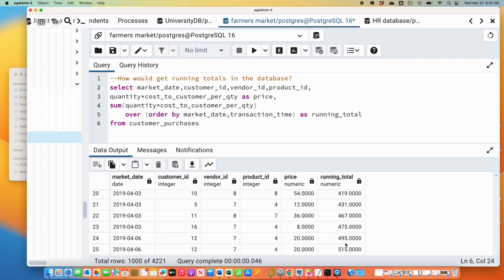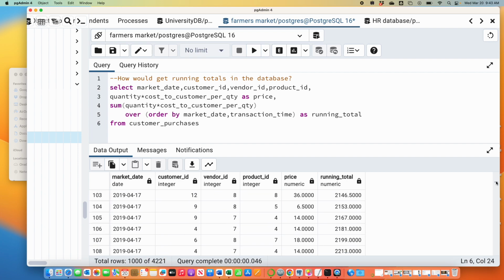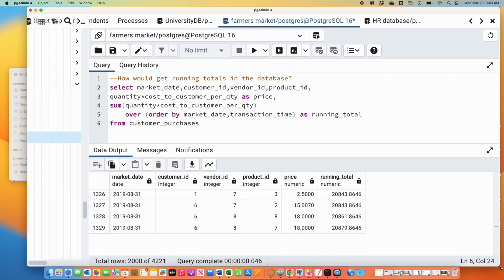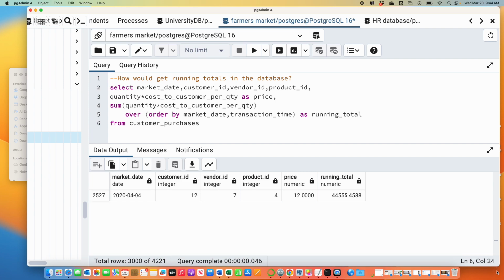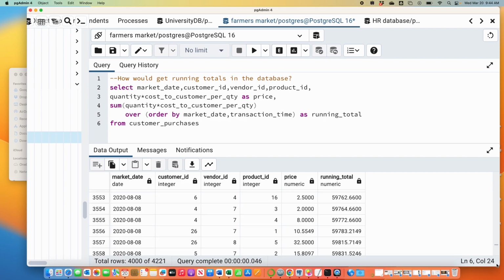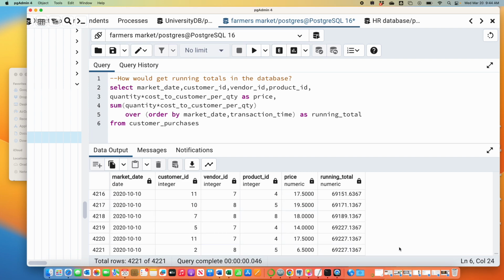It doesn't reset the next day, it just keeps going. So if you want to see how much was spent at the farmer's market in total over time, you can go all the way to the bottom of this table. You got to go a ways. Okay, so like 70 grand.